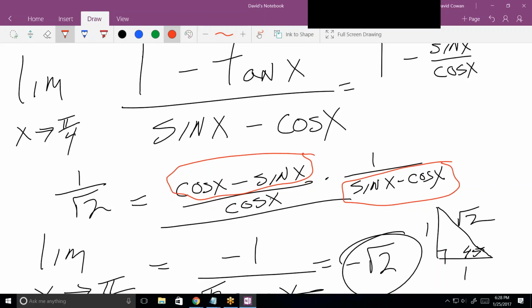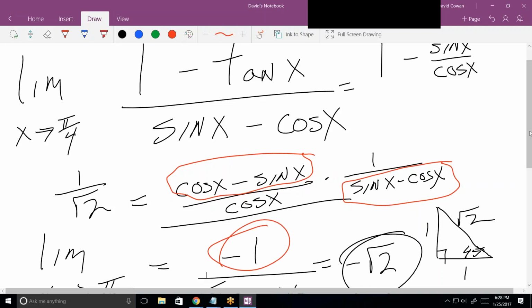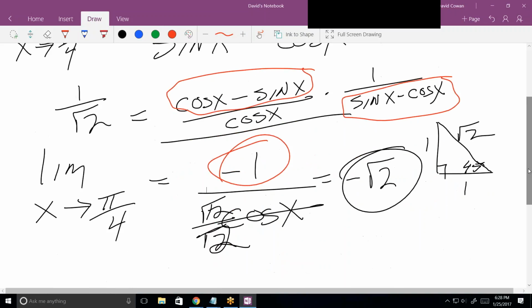Because the only difficulty is going to be if you end up with 0 over 0. In other words, the moment I get that -1 in my numerator, I know I'm done. I just have to figure out what the bottom does. If the bottom goes to 0, then it's undefined. If the bottom goes to some number, then you have your answer.